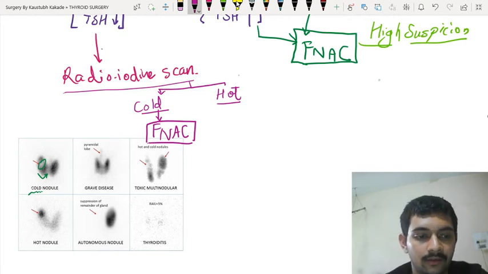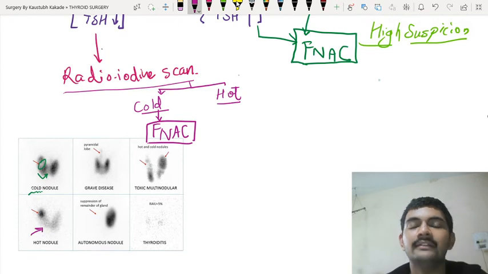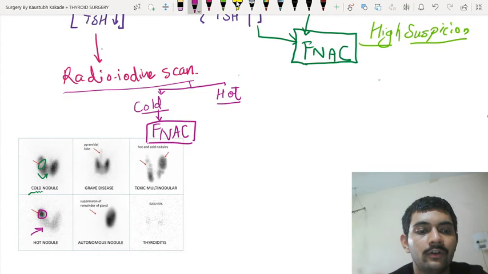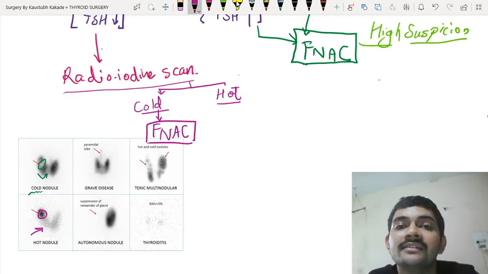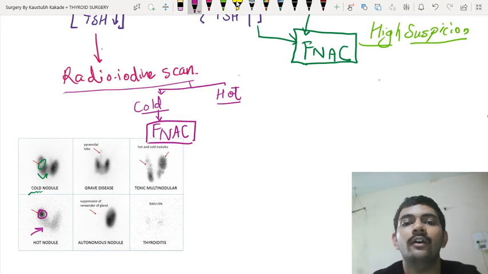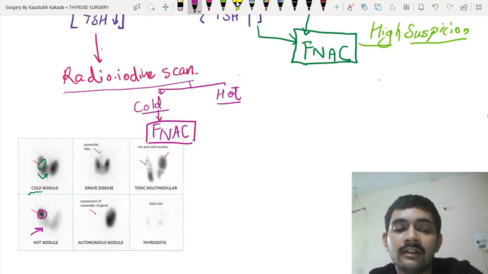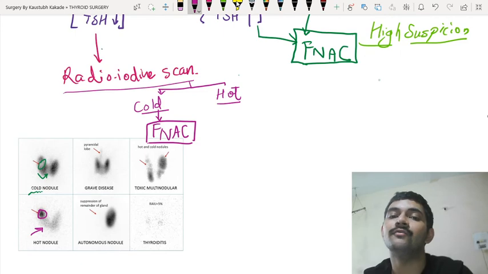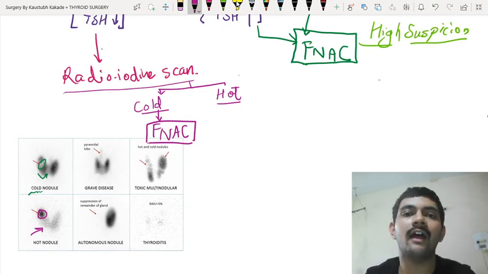But see, in the second image down here, you can see that the remaining thyroid is not taking up dye, but the suspected nodule is taking up dye. Why? Because that suspected nodule is so active that it is not letting the remaining thyroid take up the dye. That means a nodule which is very, very active and the patient is hyperthyroid.